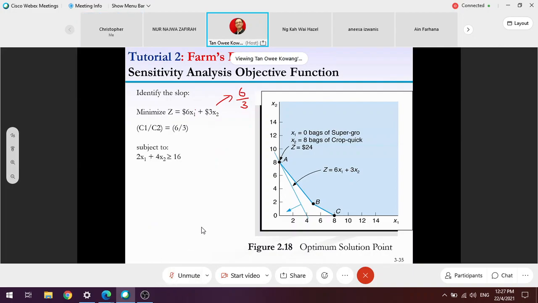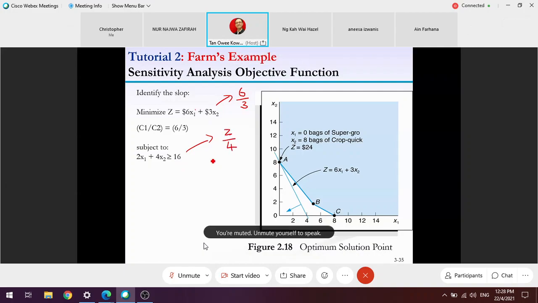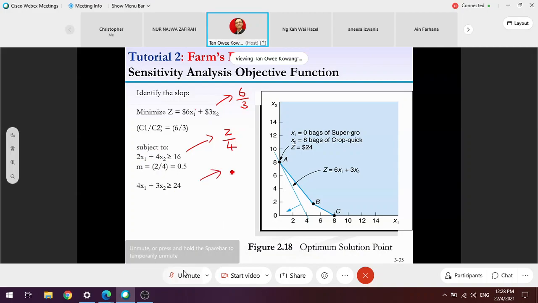How about this? Can I convert, use y equals mx? I know it is 2 over 4. I can ignore the 16. You see, I know, why I know is because this is the coefficient of x1 divided by coefficient of x2. How about this? This is coefficient x1, x2.